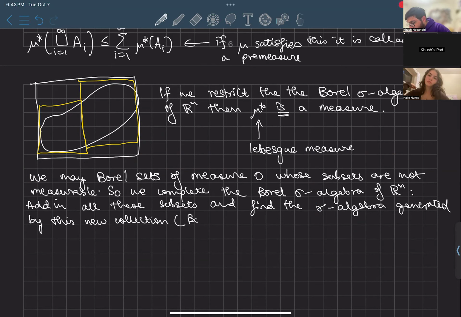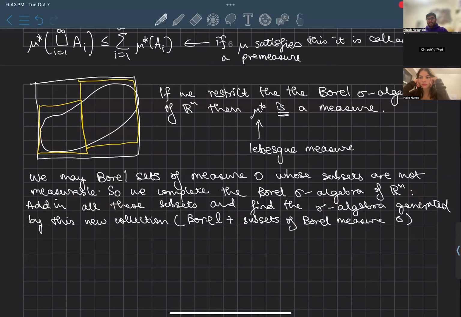By new collection, I mean Borel plus subsets of Borel sets of measure zero.